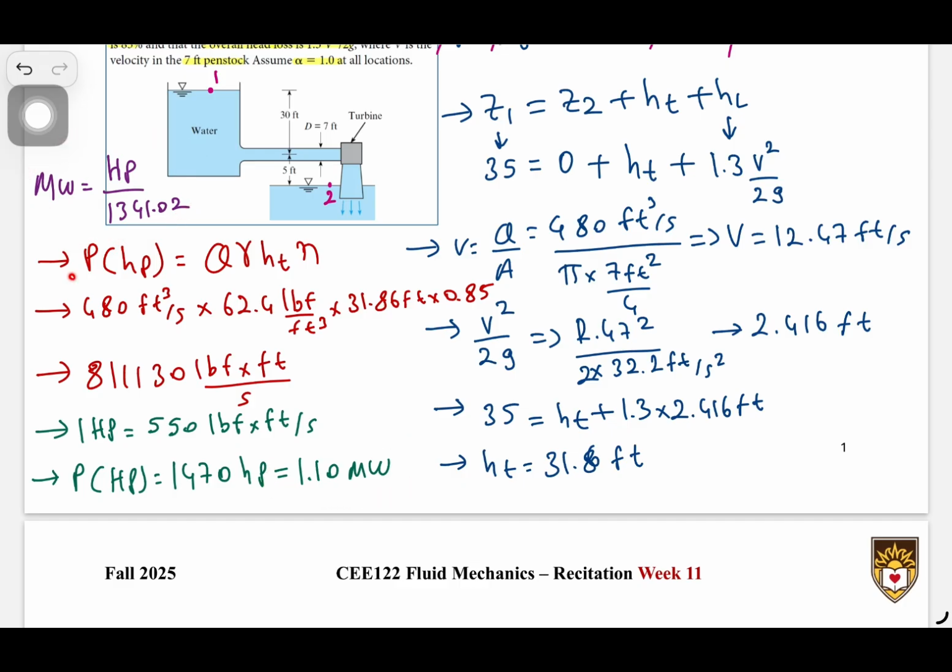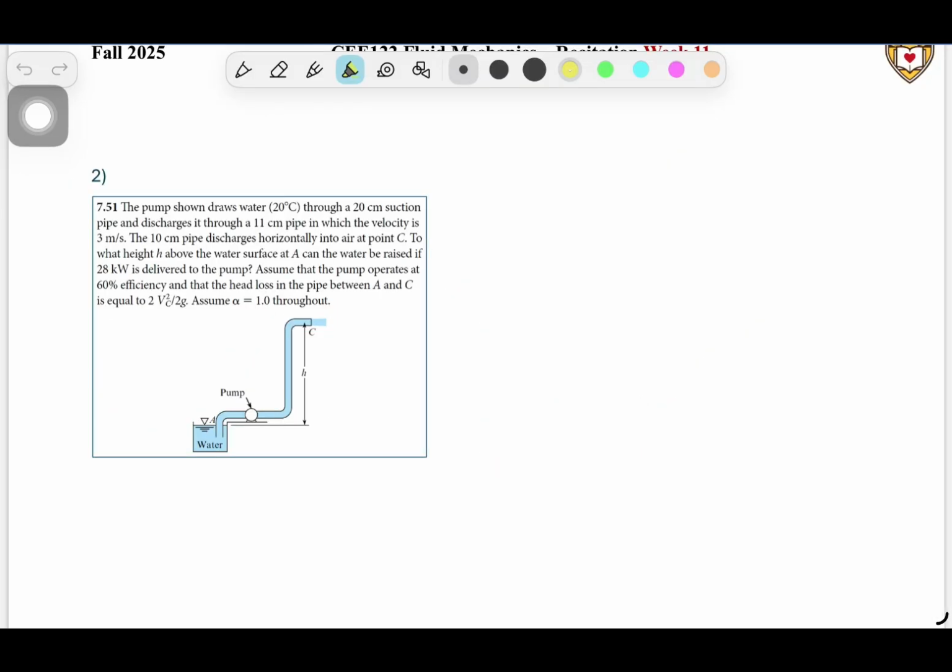And since this power equation gives 800,000 pound force times feet per second, we can convert this to HP, which is horsepower. So 1 horsepower is 550, so we will have 1,470 horsepower. And using this equation, we will get 1.10 megawatts.